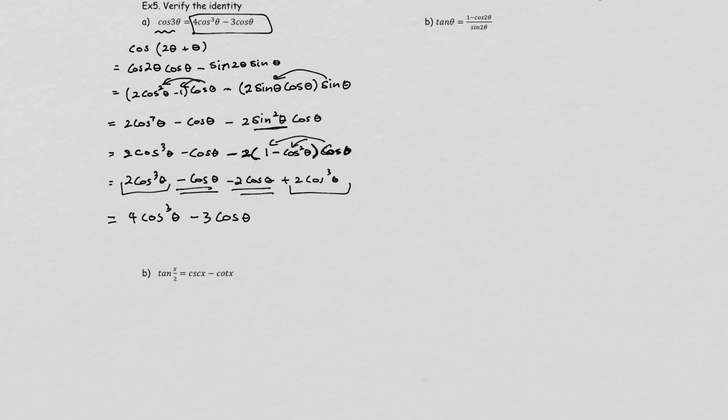So this time B, I'm going to work on the right side because I see double angle there. So then I will have 1 minus that double angle. I can rewrite it as 1 minus 2 sine squared theta over, that's another double angle, sine 2 theta equals 2 sine theta times cosine theta.